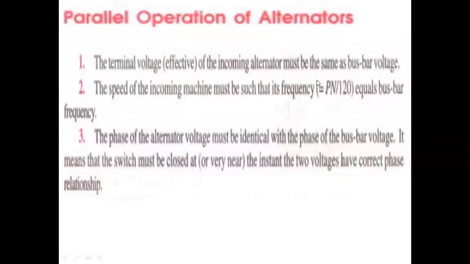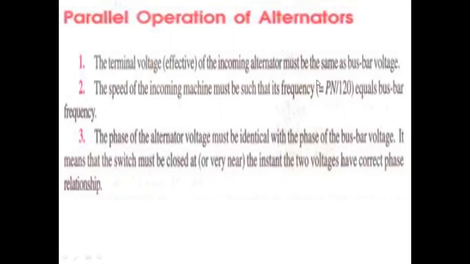Okay, so in order to do the perfect synchronization of alternators, we have to always remember the following three conditions. First, the terminal voltage of the incoming alternator must be the same as the bus bar voltage. If the bus bar is at 240 volts, then the terminal voltage of the alternator should also be 240 volts.